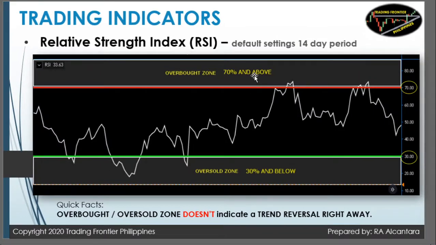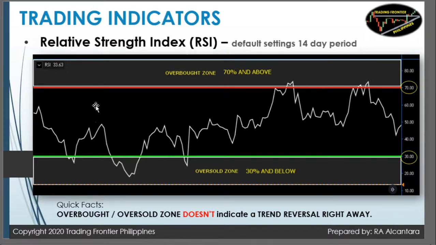So one additional information is that when using a relative strength index or RSI as an indicator, right? So there are two zones, right? There is the oversold zone, which is 30% and below, and there is also the overbought zone, which is the 70% and above zone. All right.